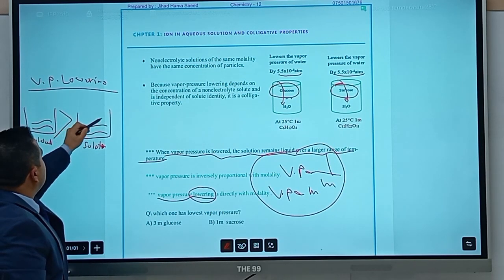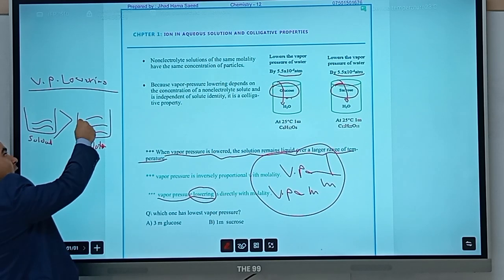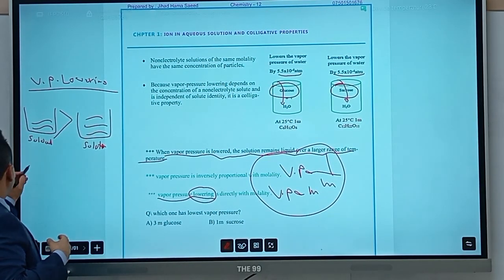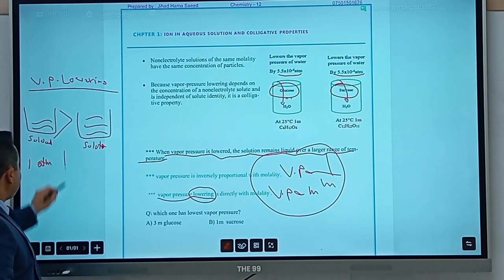Guys, as we add more solute, for example, suppose that the solvent's vapor pressure is 1 atm.